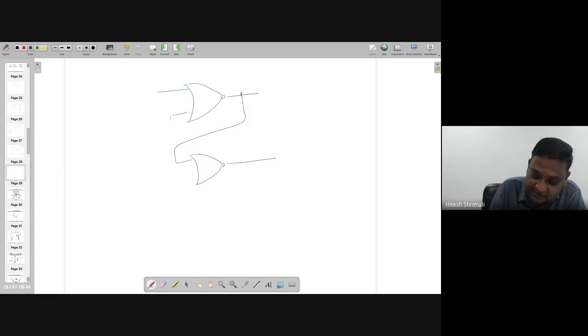You can understand that this is a latch because it's level sensitive, right?